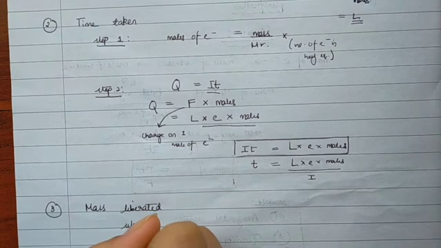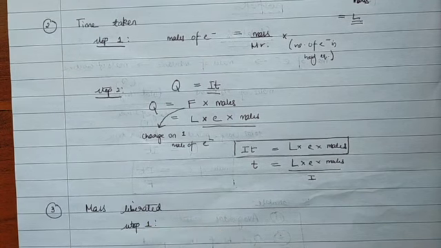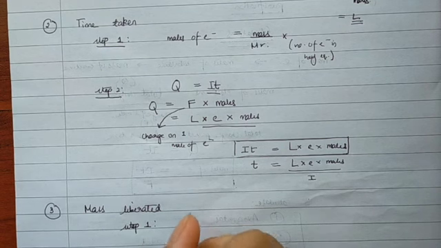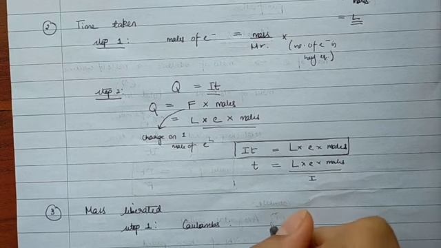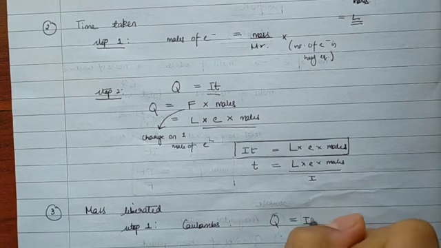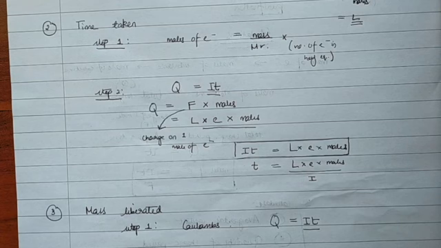So step 1 would be to calculate the number of coulombs. And we can use the equation Q equals IT. IT will be given in the question usually.